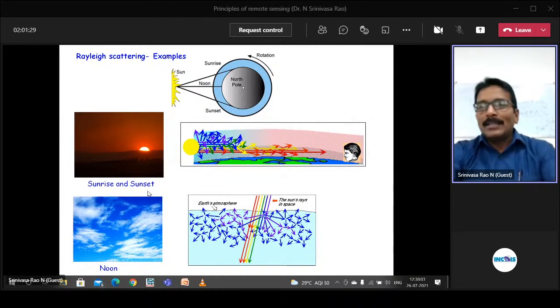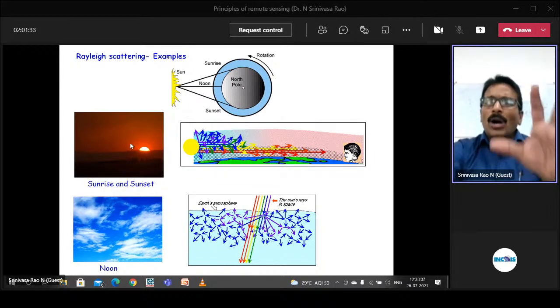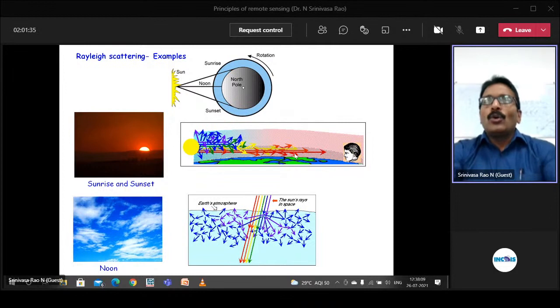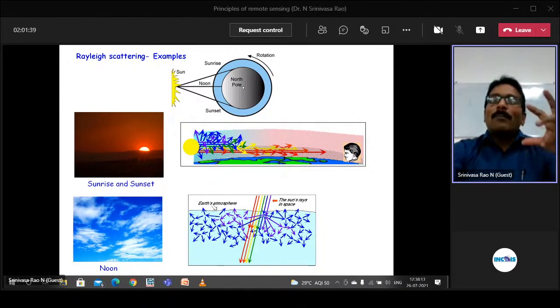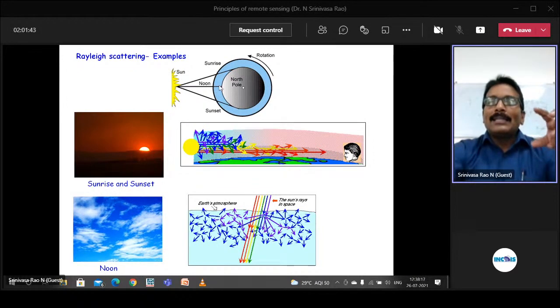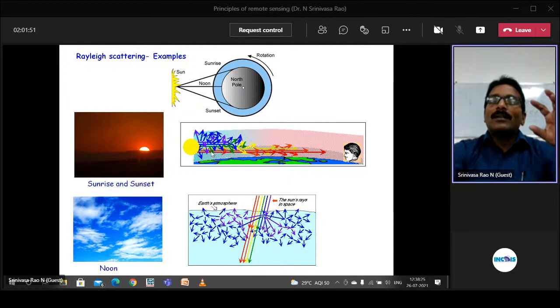The only difference is, once sunlight enters the atmosphere, all wavelengths scatter. Blue light scatters, green light scatters, and red light scatters. But during sunrise and sunset, the distance between the earth and sun is more. That's why the scattered blue light, green light and all the shorter wavelengths are unable to reach our eye.